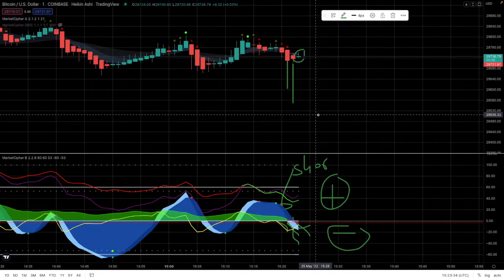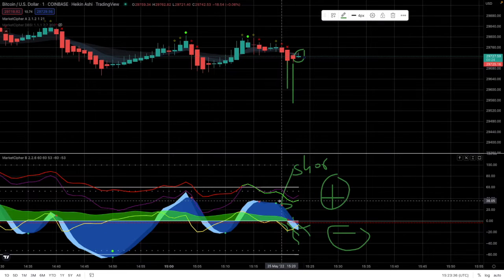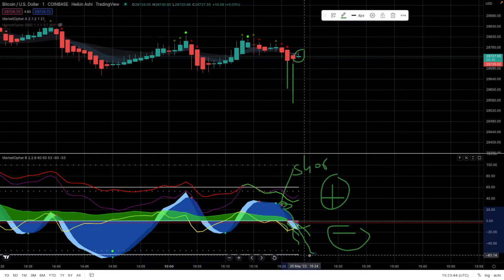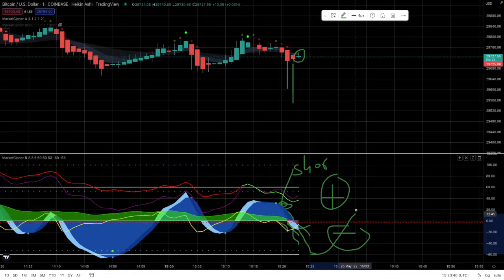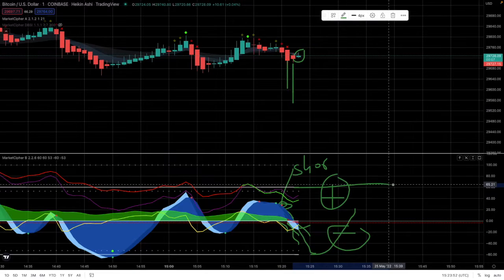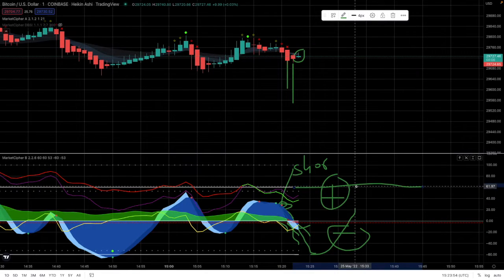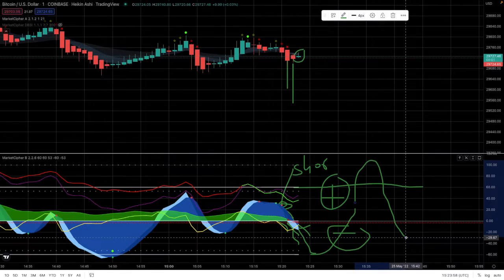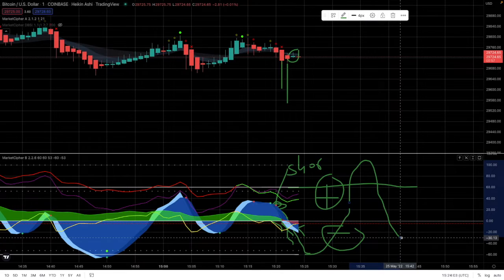For the purpose of the video, I would have entered a short here, but maybe I would have waited for momentum to come down, cross this oversold territory, and see if we go upward and long. If I'm not comfortable with that long, I'd hold on, and once we cross over this 60 line, short. You have to time yourself very well and see the direction clearly before you enter a trade. You don't have to rush a trade.